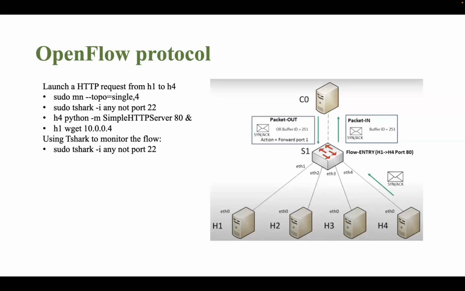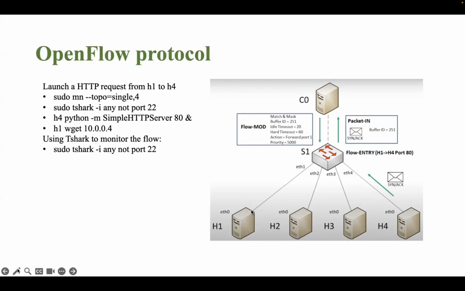And the controller will figure out what to do with this SYN ACK message and send a packet out message to the switch, which may also contain the entire SYN ACK packet, or just contain the buffer ID. The packet out message will also contain another parameter, which is the action to instruct switch S1 to forward the SYN ACK message to port 1, which connects to H1 here.